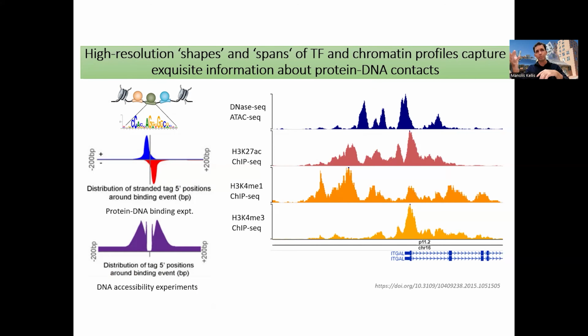You can look for accessibility and regulator binding at the same time. You can look for histone modification marks as one of the tasks that you're jointly learning for. And that allows you to now be much more versatile in the set of signals that you're going to learn. Maybe some of them will be nucleosome positioning signals. Others will be initiator factors. Others will be splicing positions, and so on and so forth. Is everybody with me here?